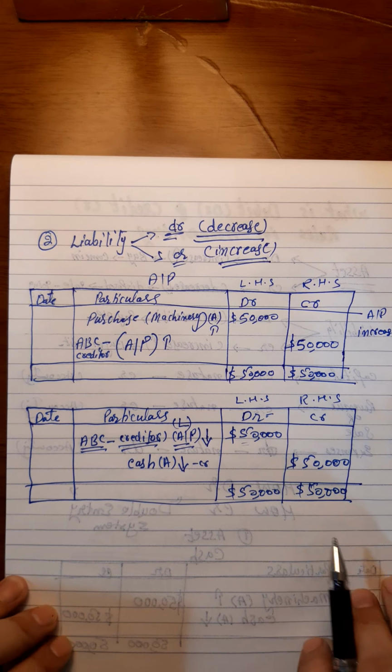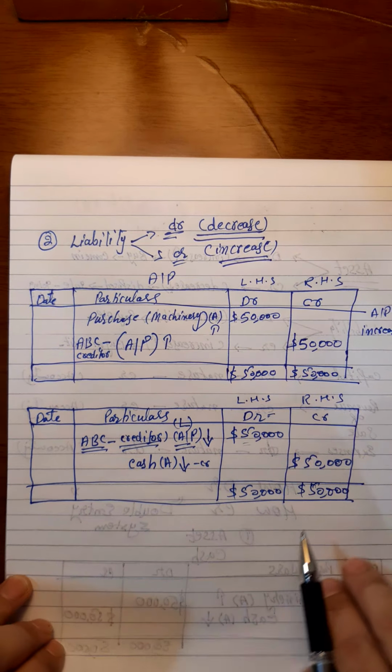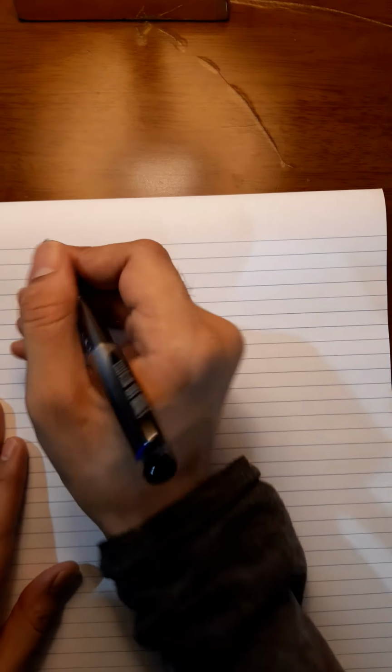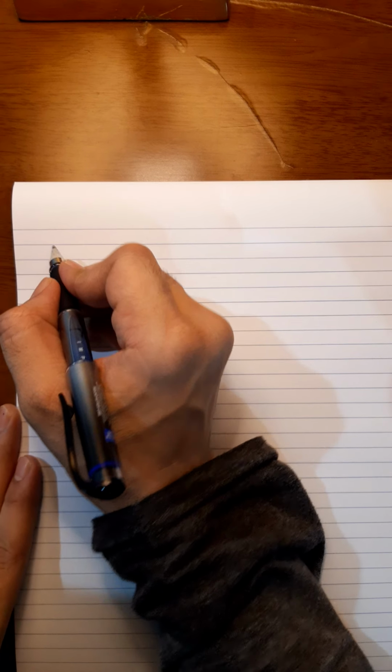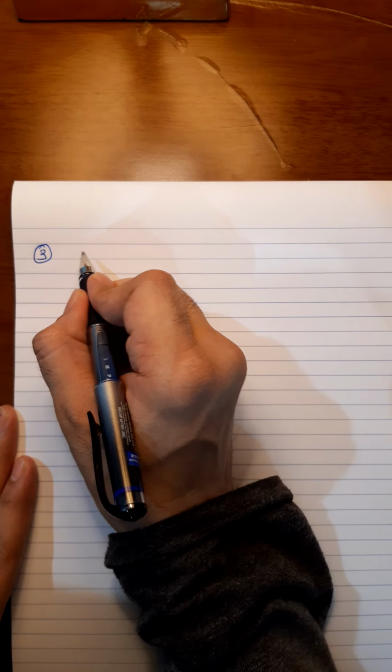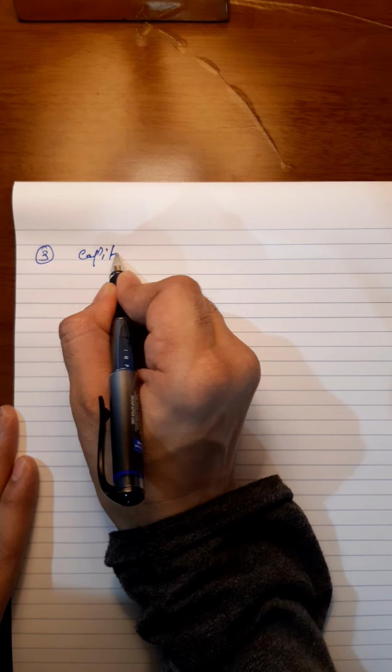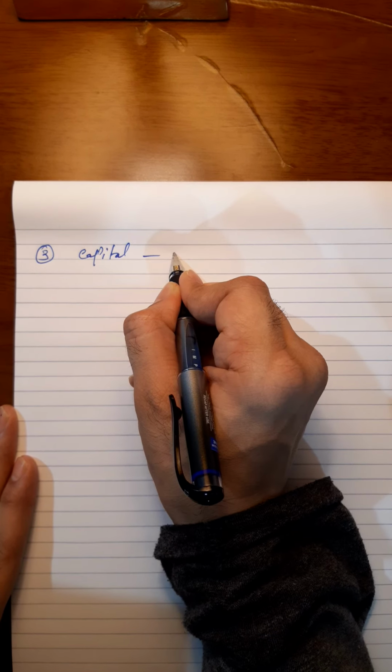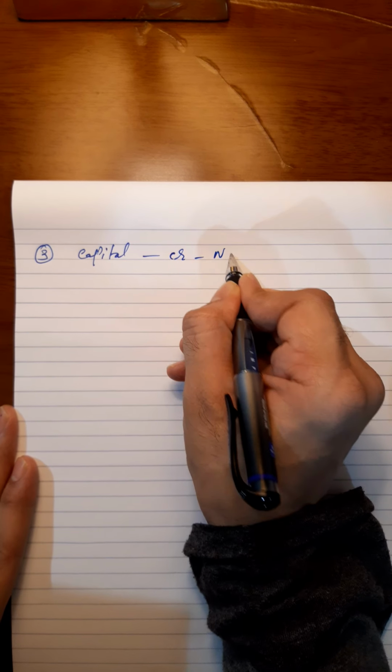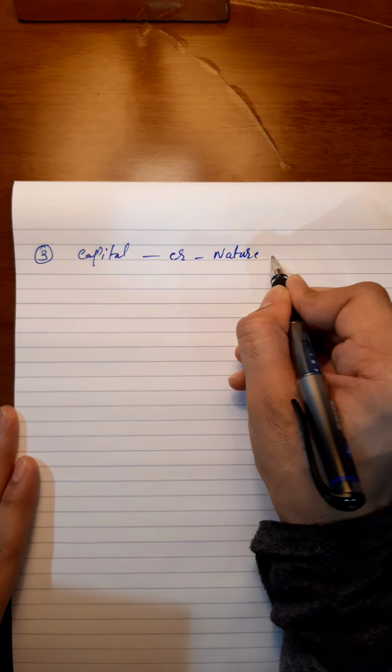Now we do our third element. The third element is capital. Capital is credit nature. It will credit.